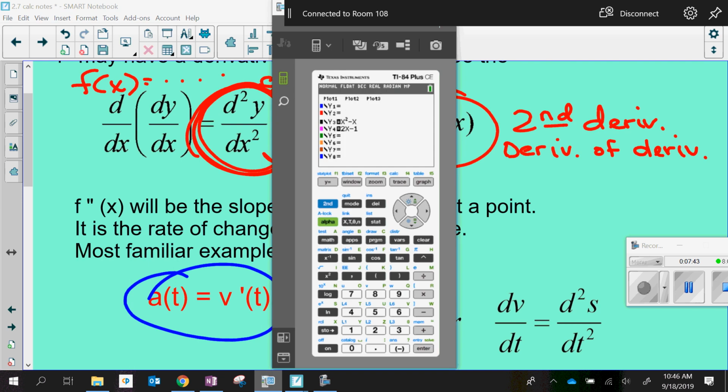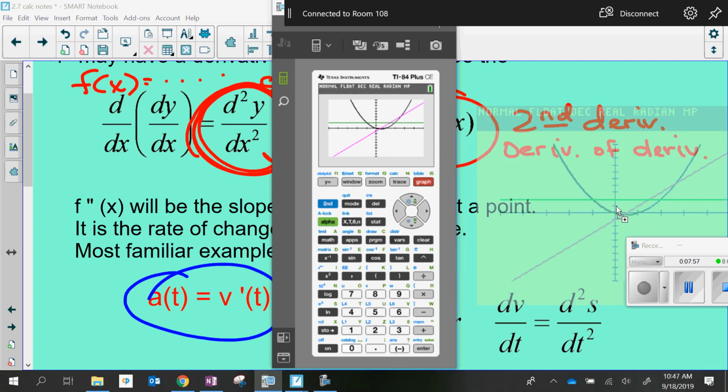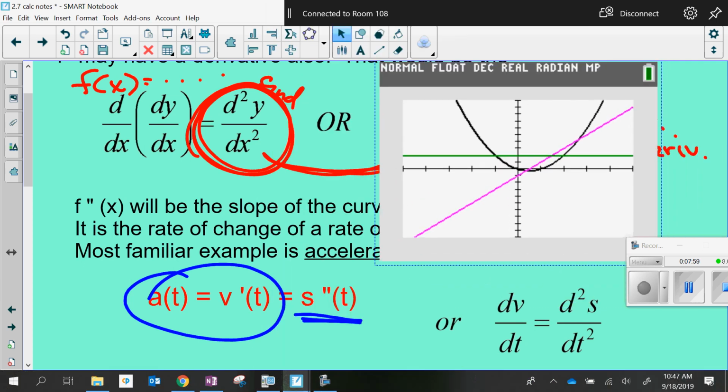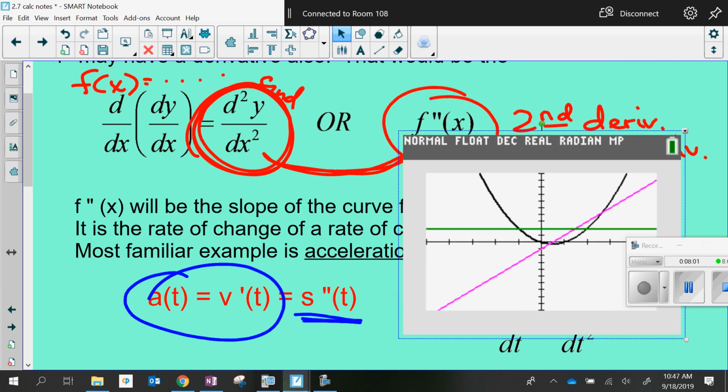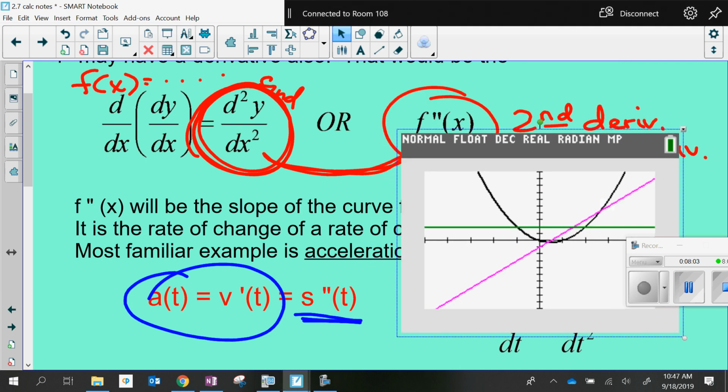All right, so we got x squared minus x, we got 2x minus 1, and now we have 2. All right. Okay. So let's talk about these three graphs, shall we? The black is f of x.